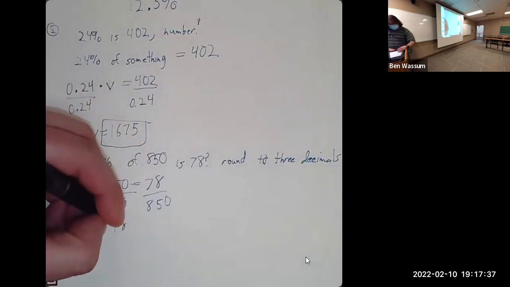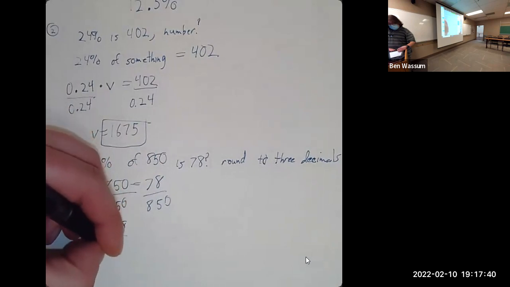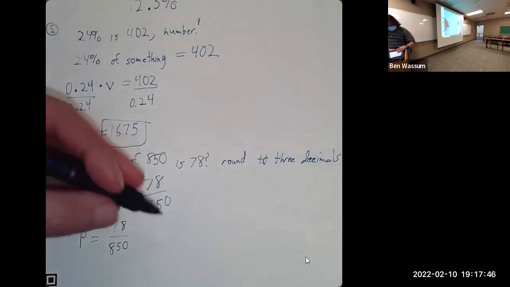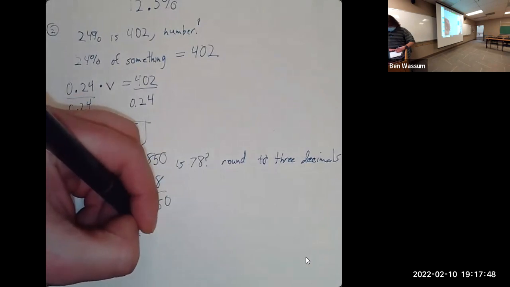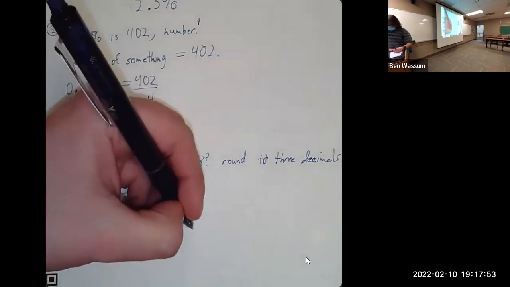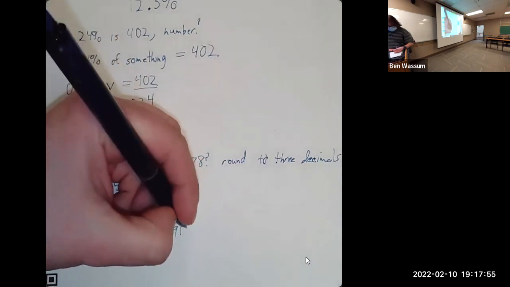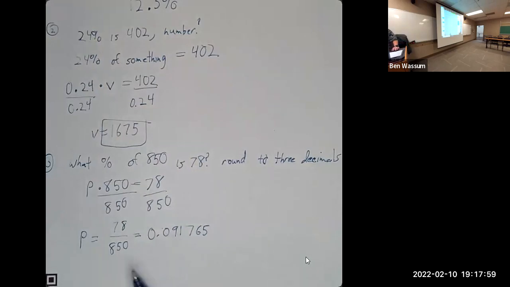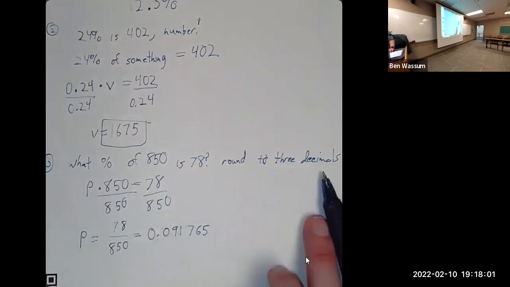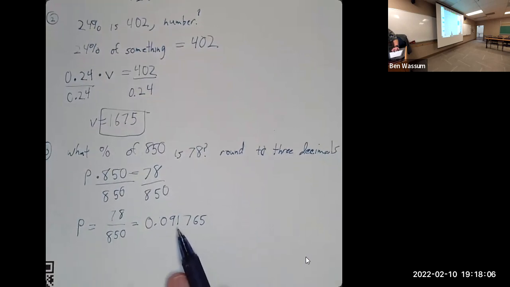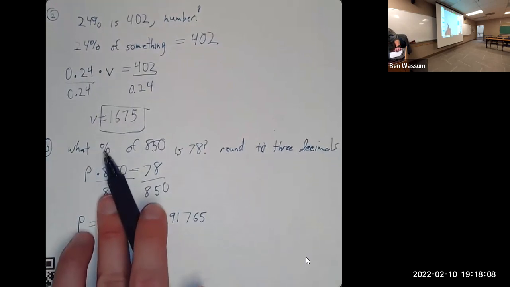So we have 78 over 850. I get 0.091765. And notice I'm not rounding yet, because this one says round to the 3 decimal places. I'm not going to round right here because I haven't converted this to a percentage yet.